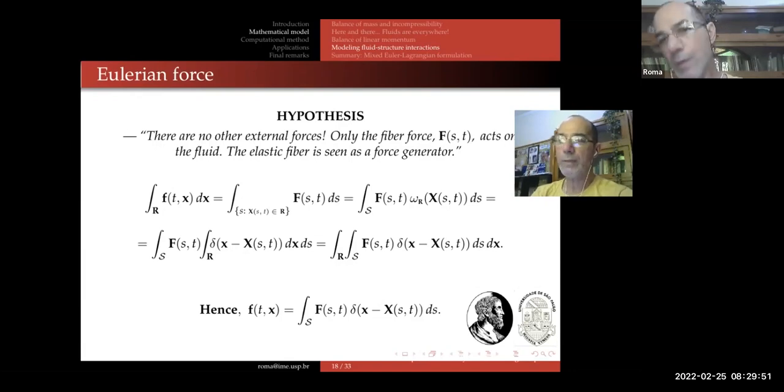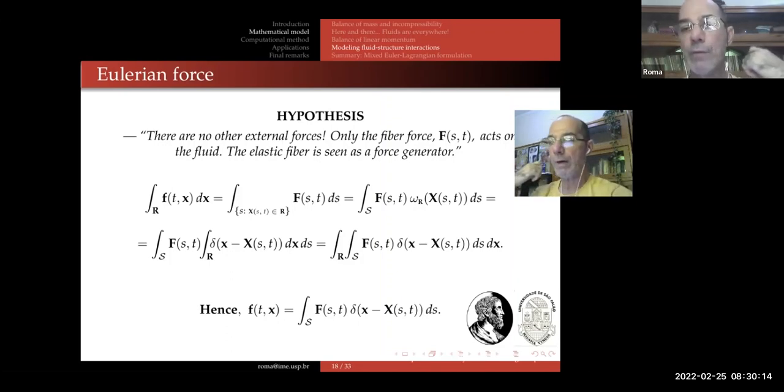So these two integrals are the same. I am using here a characteristic function of R, and its argument is the points of the fiber. So if a certain point of the fiber is inside the region, it returns 1. If this point is outside of region R, it returns 0. So these two integrals are really the same.